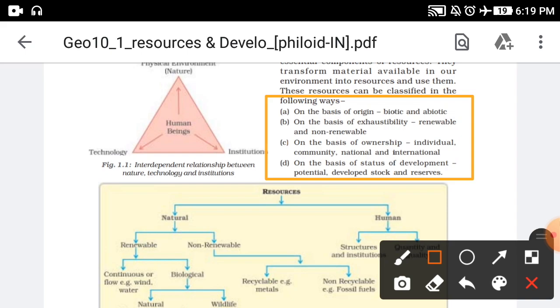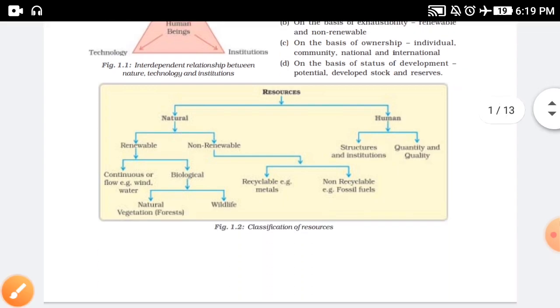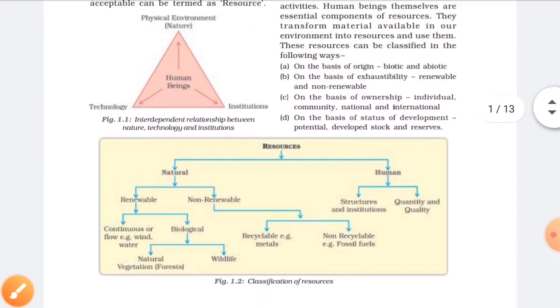Third point, on the basis of ownership: individual, community, national and international. Alright. Now the fourth point says, on the basis of status of development: potential, developed, stock and reserves. So guys, that was the four ways in which we can classify a resource.